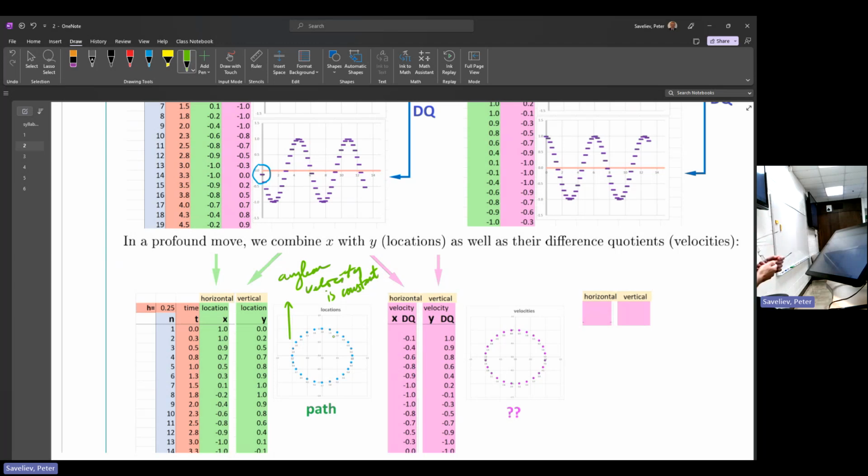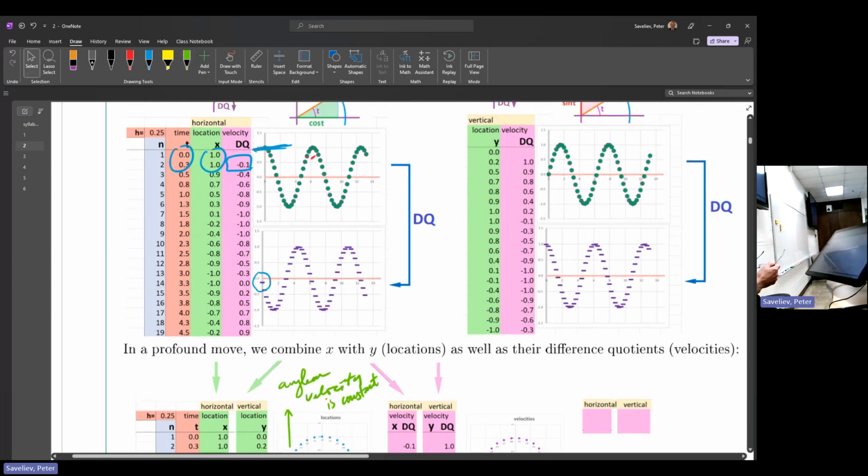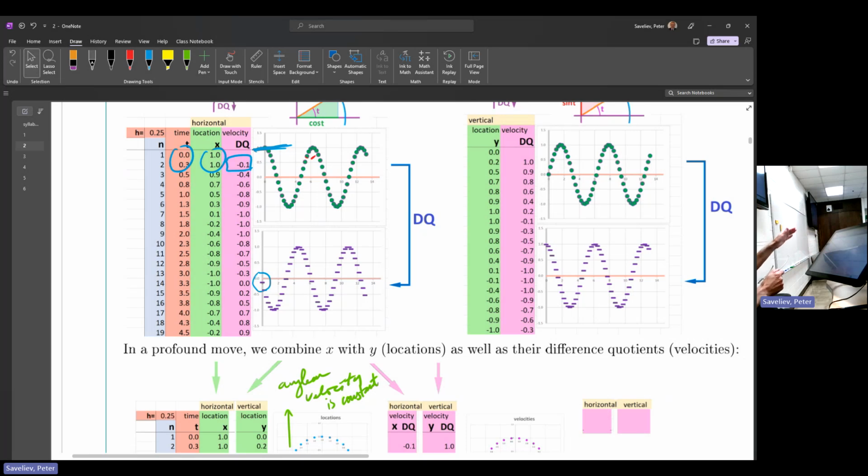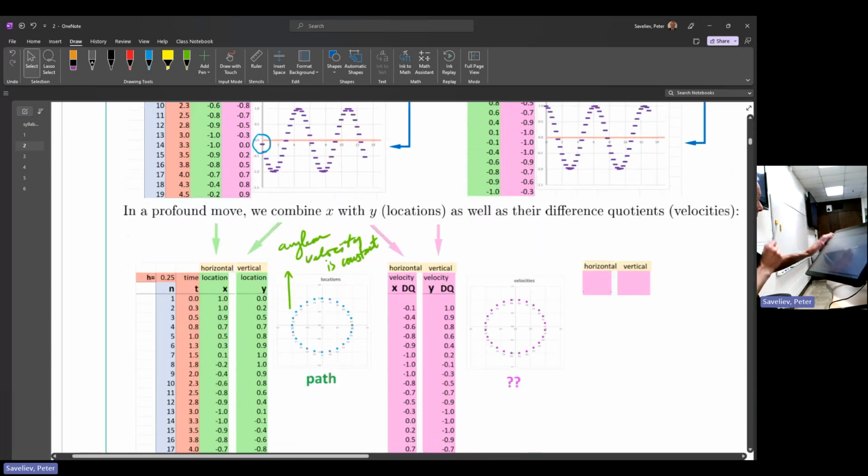So that's the Cartesian coordinate system, which is way more preferable in the way we know how to handle it. The question now is, I'm not doing anything fancy here. I just take the purple column of difference quotients for x and the one for y and combine them together into two columns.